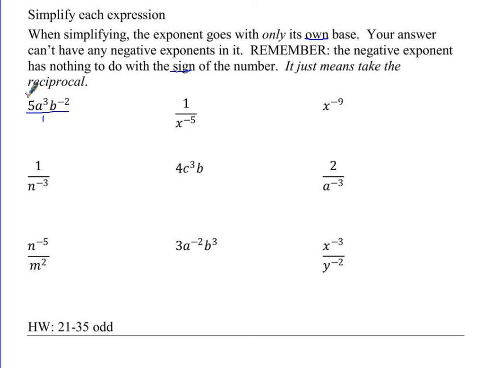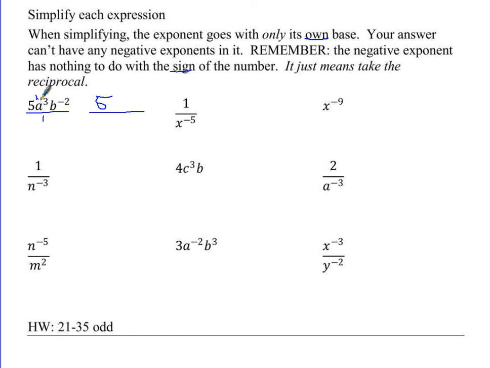No. Does it have an exponent at all? Actually, it does. If we don't write an exponent, we assume that it's a 1. Kind of like if we don't write a number in front of a variable, we assume it's a 1. So this is actually 5 to the first power. That's not a negative exponent, so it stays where it is in the numerator.